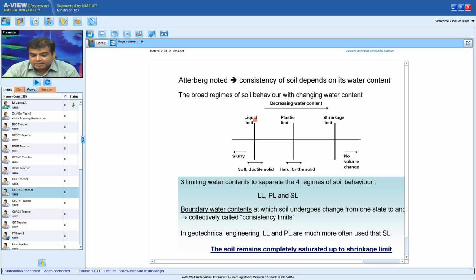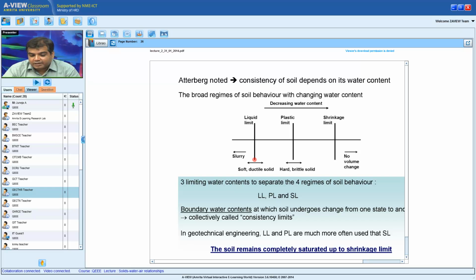At this limit, where the water content starts to reduce and the soil is soft, we call this the liquid limit. The liquid limit is the water content at which some amount of ductility starts to increase. Below this line, it's easy to remold the soil. So starting from here, you can easily remold the soil.